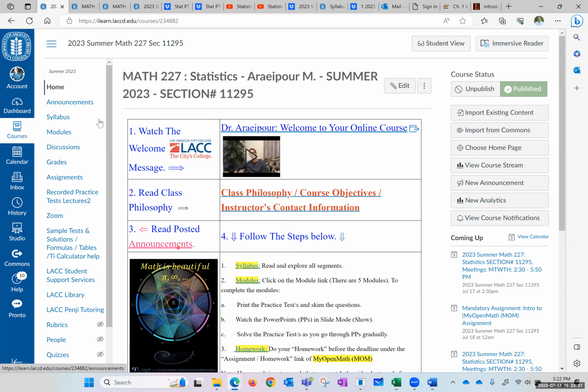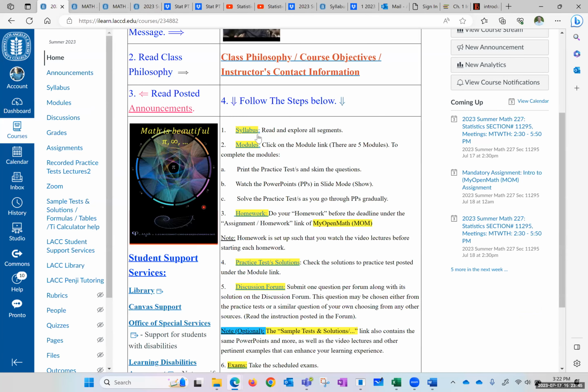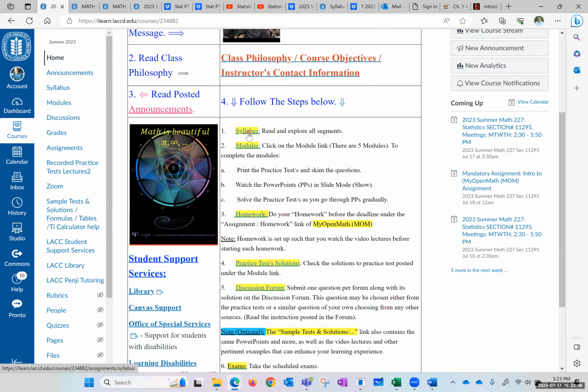You can always go to the announcements, and everything that has been announced and sent to you and emailed to you, you can find there. We have the syllabus. Under the syllabus, we have the information about the course, grading policy, and the Excel file as far as what sections to cover.